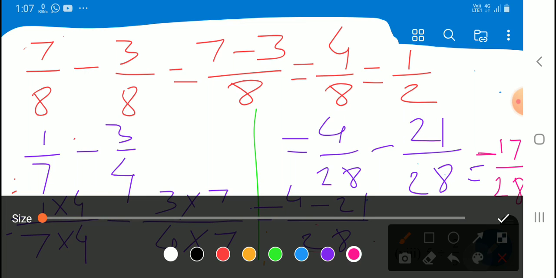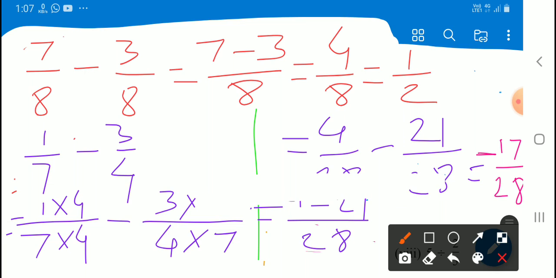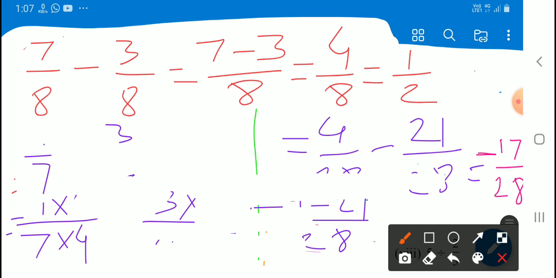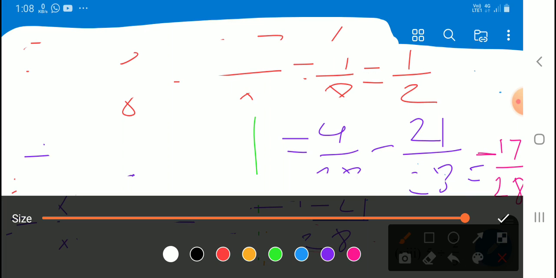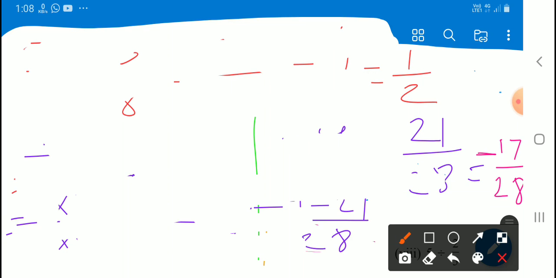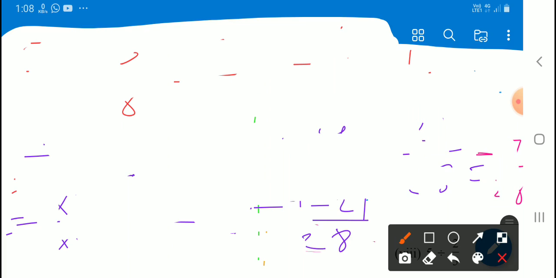Now we will see the multiplication of rational numbers. While multiplying fractions, as you have already studied, you have to multiply numerator by numerator and denominator by denominator.